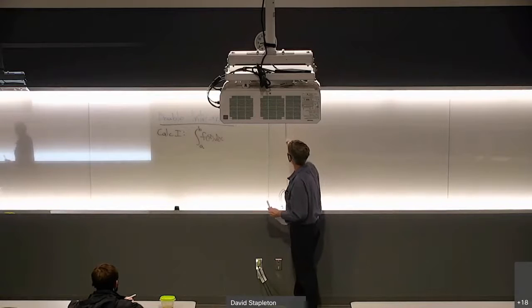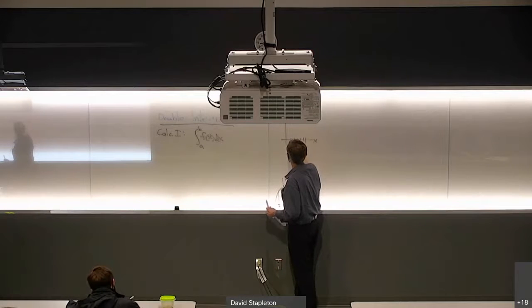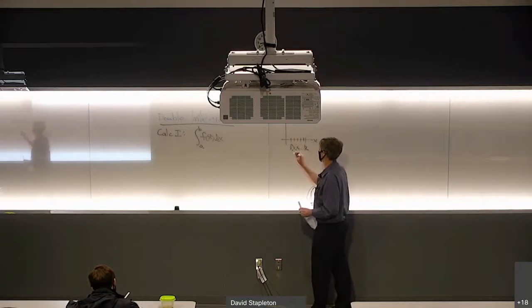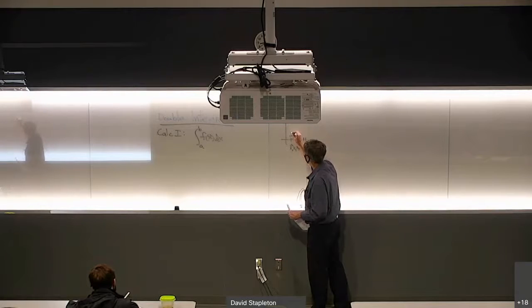We thought of breaking some interval from a to b along the x-axis up into partitions from x0 to x1 to x2 to xn. So there were n subintervals, each of which delta x1, delta x2, up to delta xn.